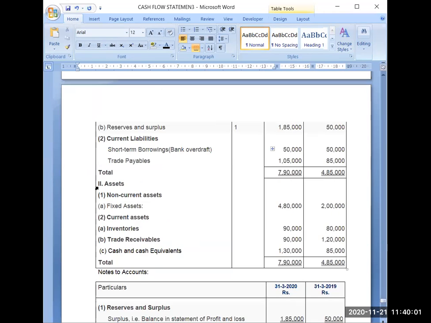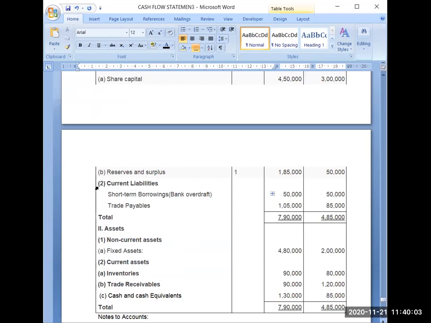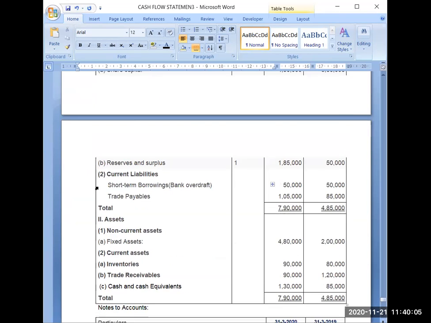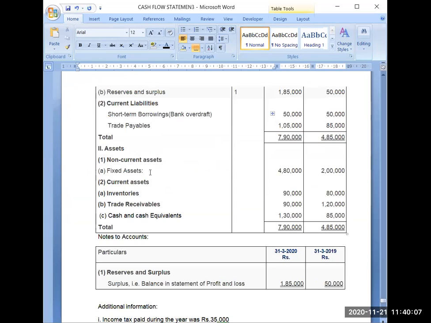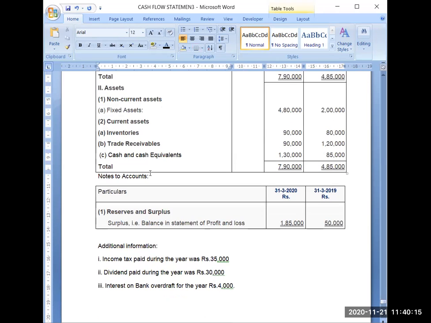So now see whether any information is given. See, one information can be there in fixed assets. It can be loss on sale of fixed assets. We have to recall the amounts. Depreciation. So depreciation is not given in the additional information. So depreciation we can find out from the fixed assets account. But in fact, even then it needs some information for that also, but it is not given in the question.